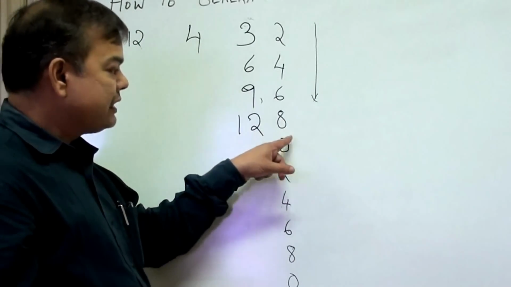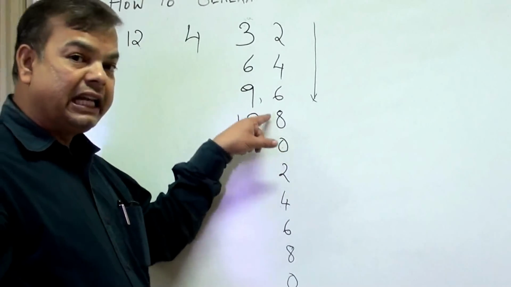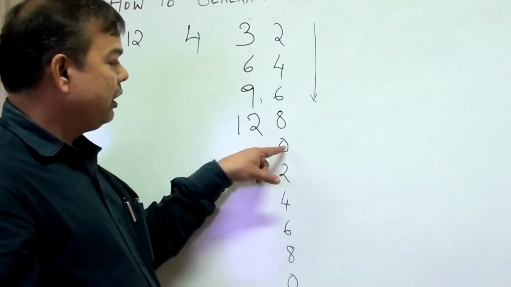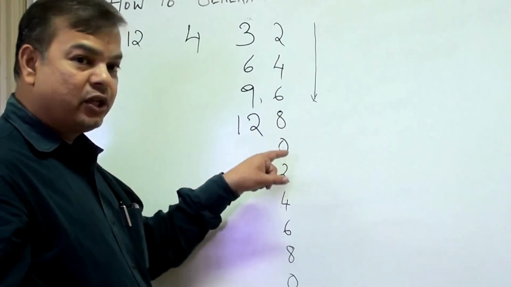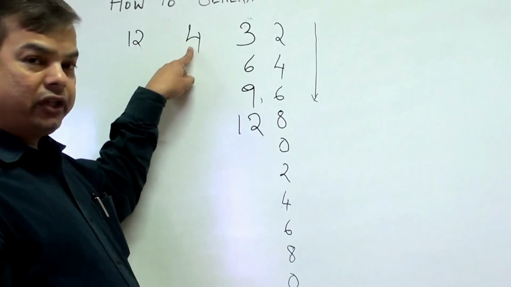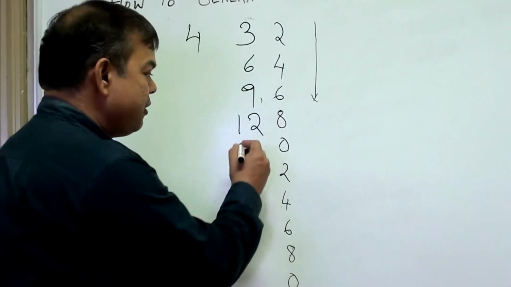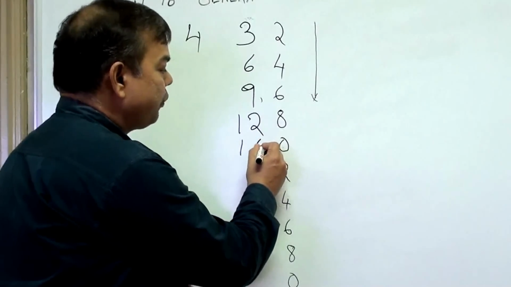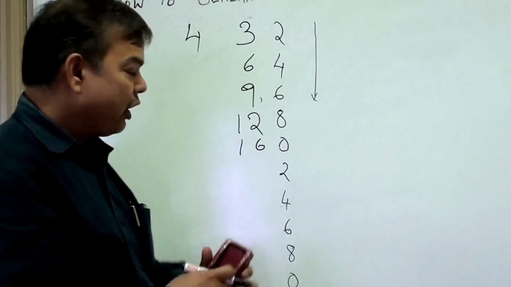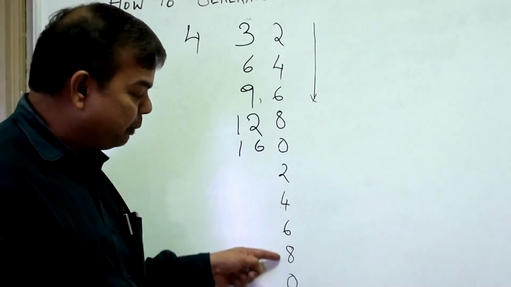Now here for the fifth number I will see that 0 is less than 8. So in this particular case, this 0 is less, so instead of adding 3 to this 12, I will add the next consecutive digit, that is 4, to this 12. So 12 plus 4 becomes 16. So 32 fives are 160. Now again from this number onward up to this, you can see that the numbers are simply increasing.